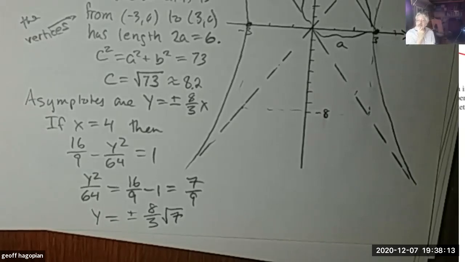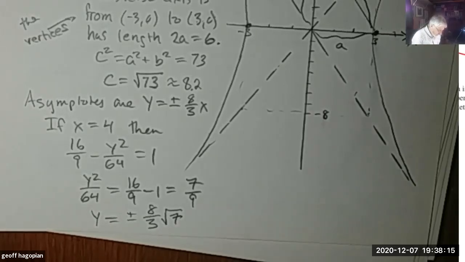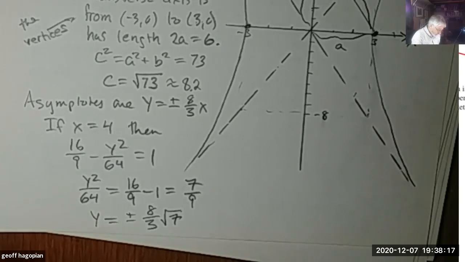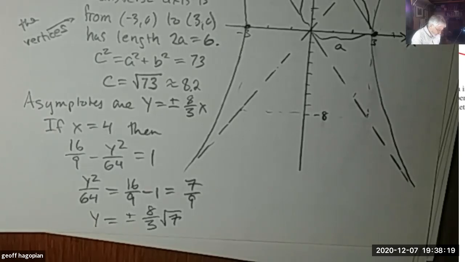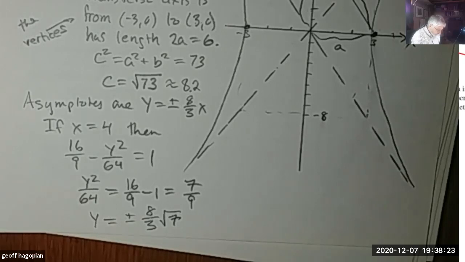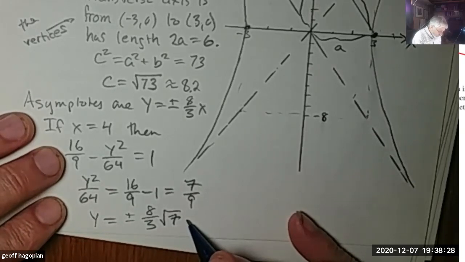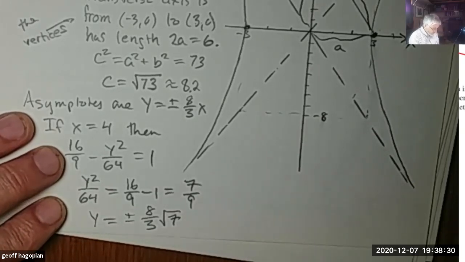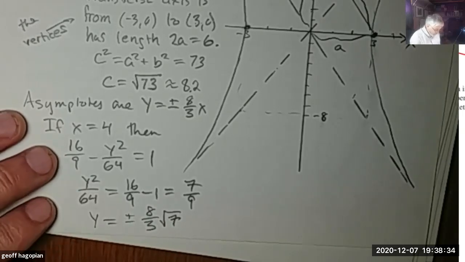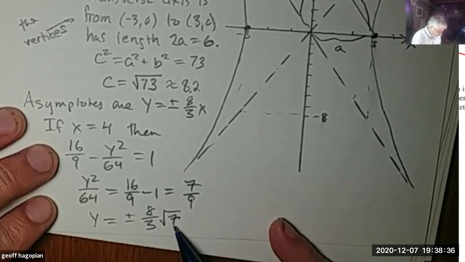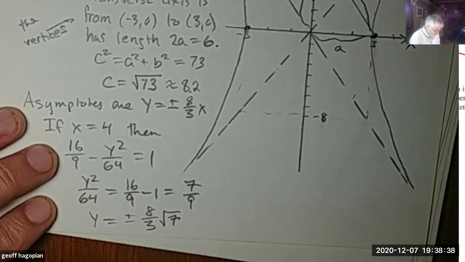Okay. Now square root of 7, who knows what that is? 2.6 something. Yeah. So let's say 2.65. I suppose I could get out a calculator, but 8 times 2.65 is 20.